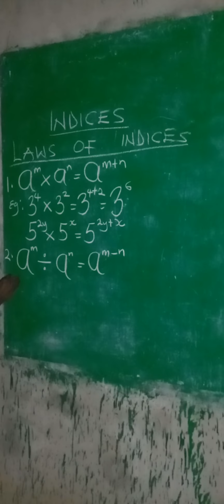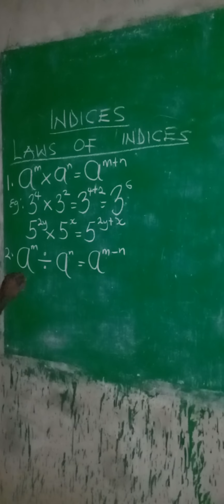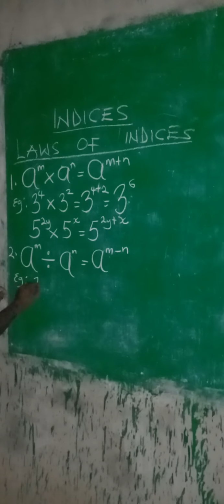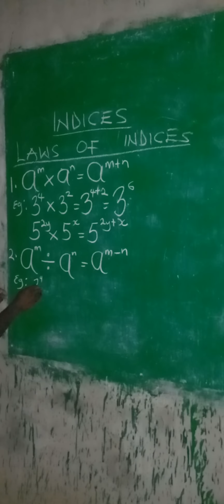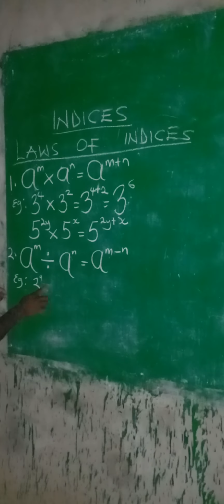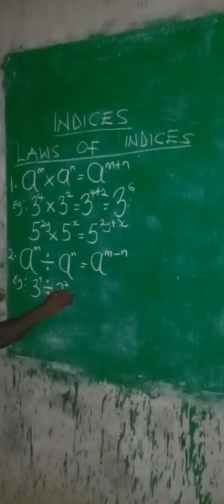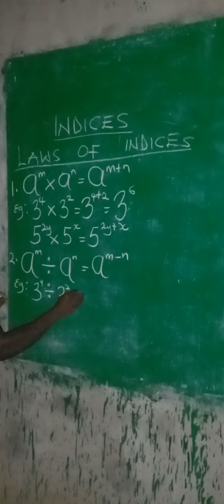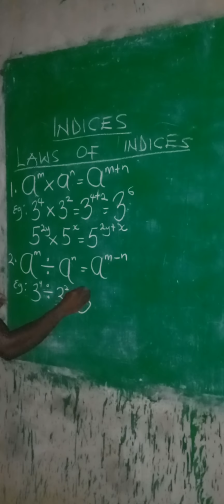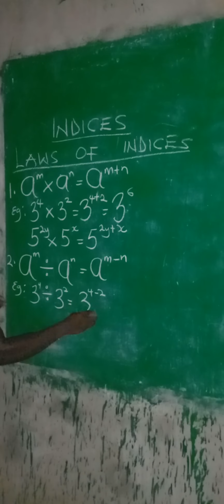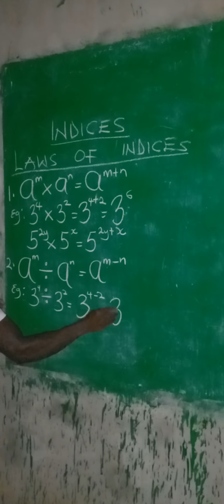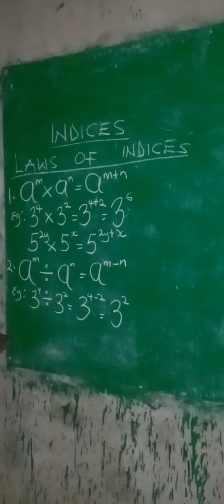Let's look at the example and see something. We have, let's say, 3^4 divided by 3^2, which is going to give you 3^(4-2), which is giving you 3^2.